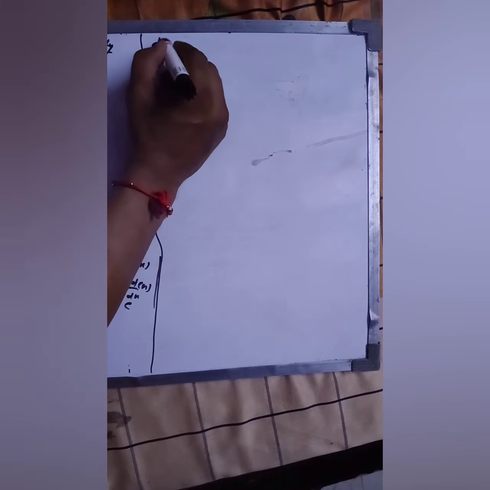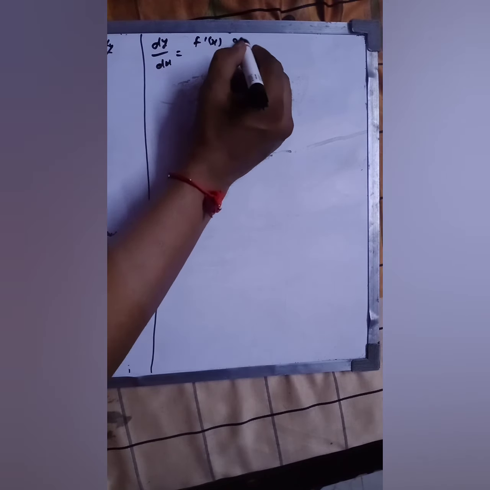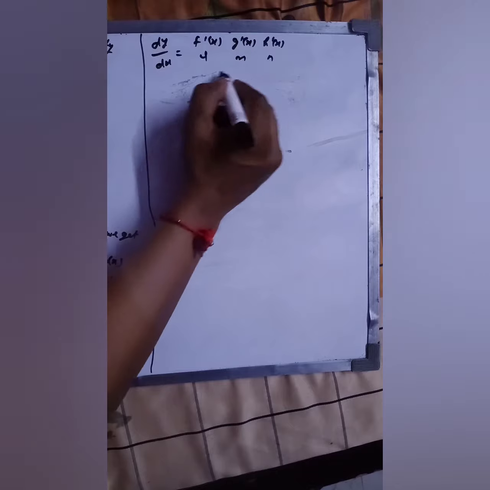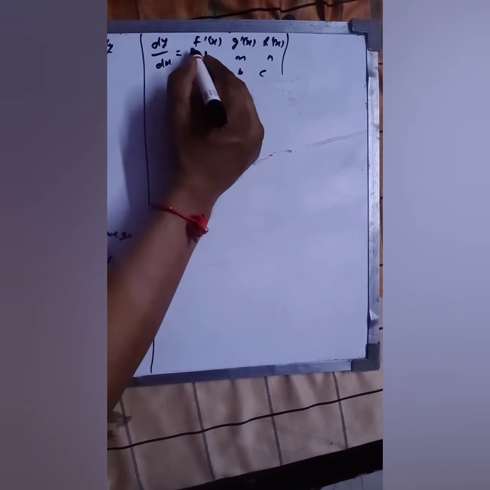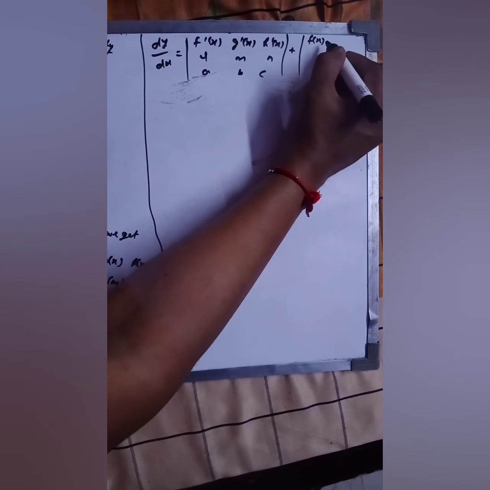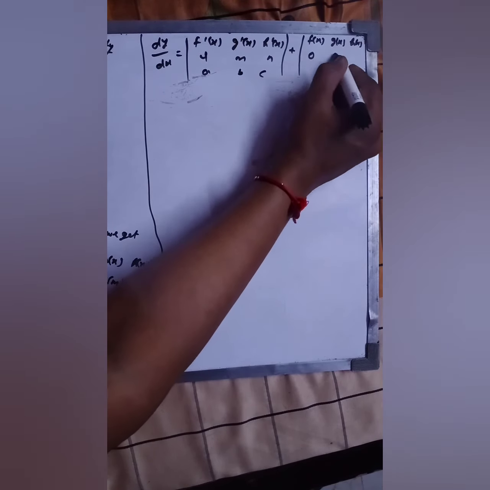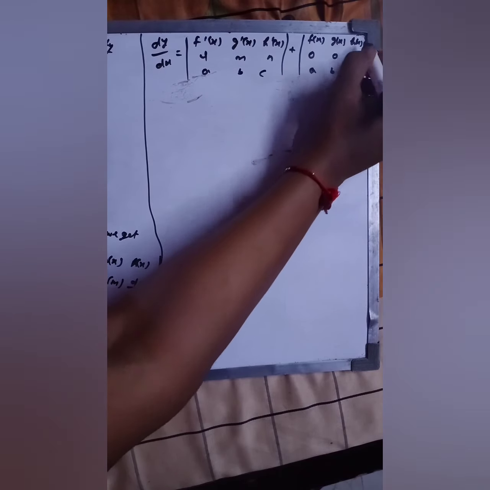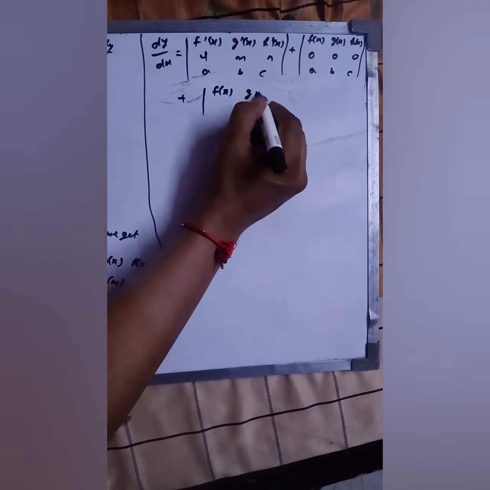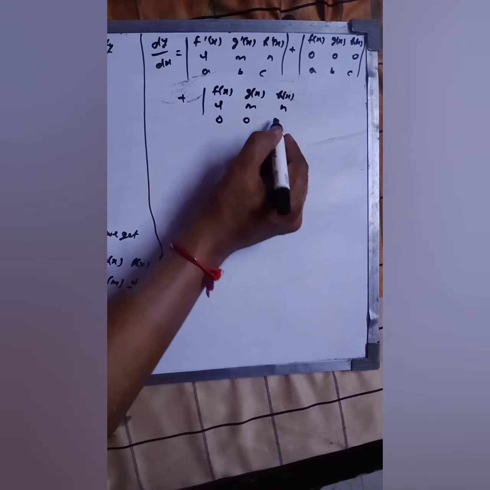So here you will write dy by dx equals f dash x, g dash x, h dash x, l m n a b c, plus next this would be fx, gx, hx, and here this would be 0 0 0, and a, b, c, plus fx, gx, hx, l m n, and this would be 0 0 0.